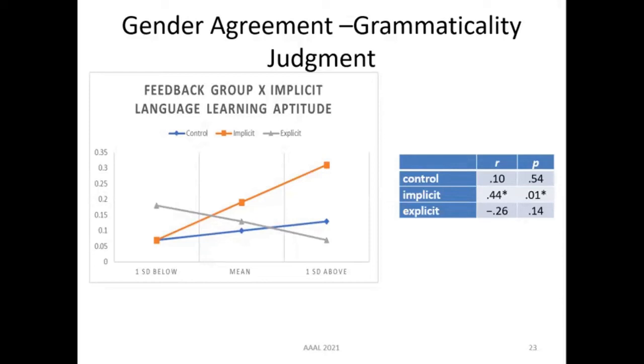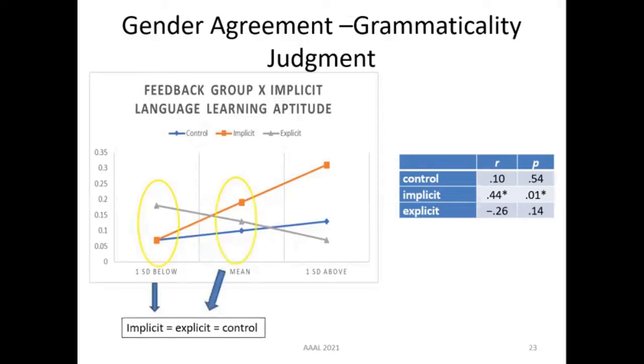The second analysis we carried out to follow up on the interaction involved estimating whether the group's averages differed at 3 different points of the cognitive ability. So at 1 standard deviation below the mean and at the mean of implicit learning ability, there were no significant differences between the groups.